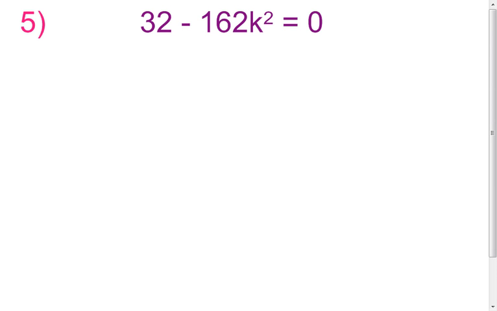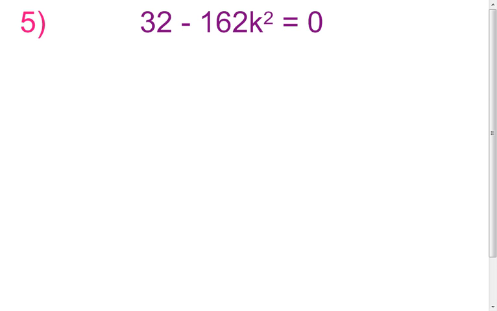It does need to be factored, so I do need to figure out what I need to pull out of there to make that as simplified as possible. So I need to figure out what I am going to factor out. And so 32 and 162 are both divisible by 2.